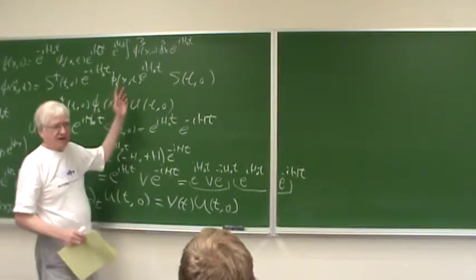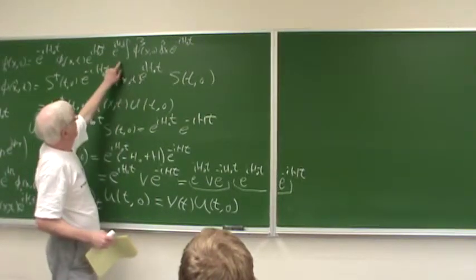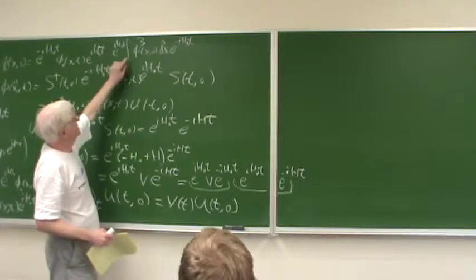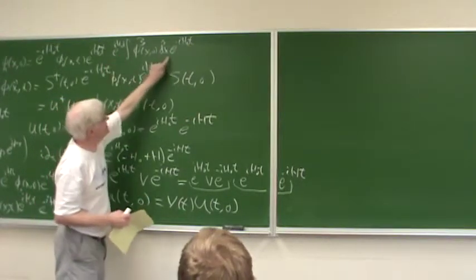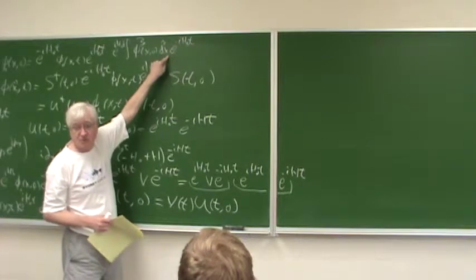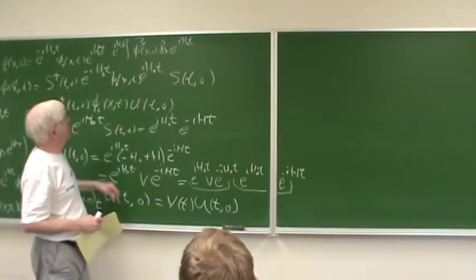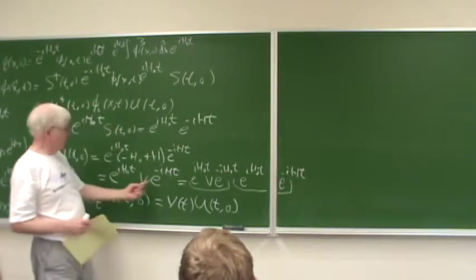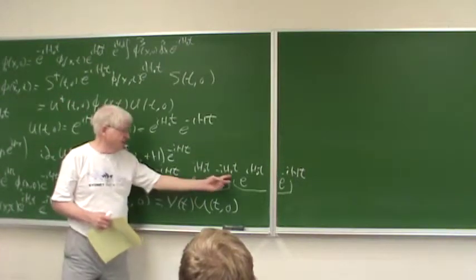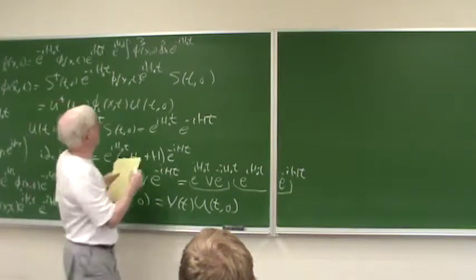I'm leaving out the coupling. So this thing, from here to there, that's v in the Schrodinger picture. Now, we're acting on it with e to the i h0 t and e to the minus i h0 t.